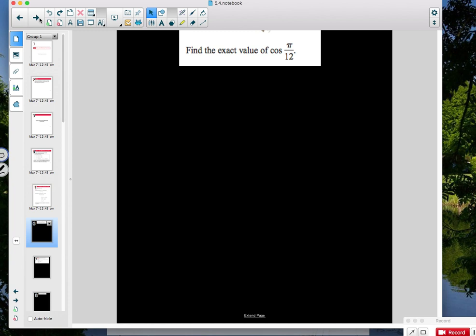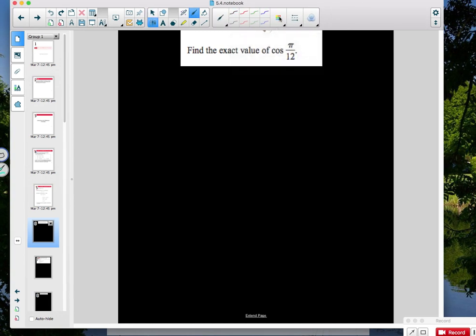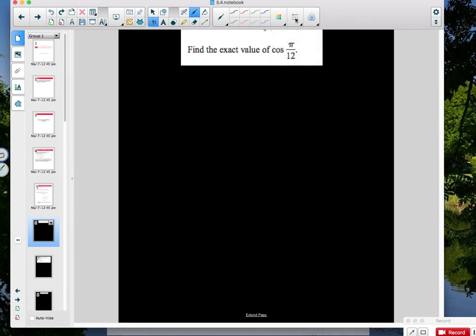All right. So how are we going to express cosine of pi over 12? Cosine of pi over 12 is cosine of what? How can I express pi over 12? We just did it a minute ago.